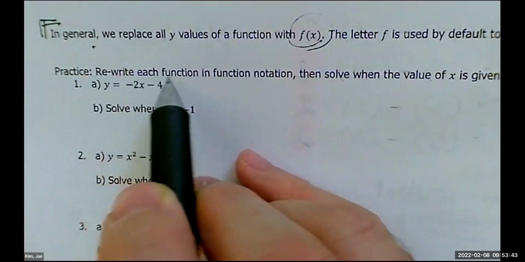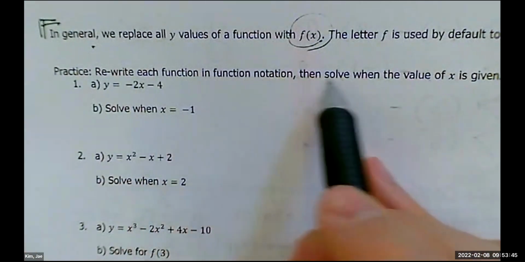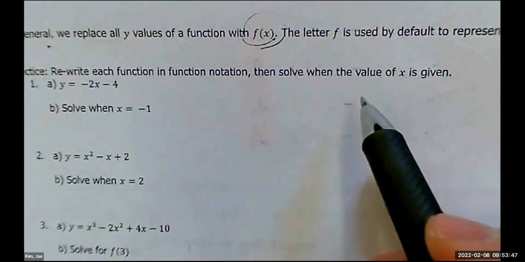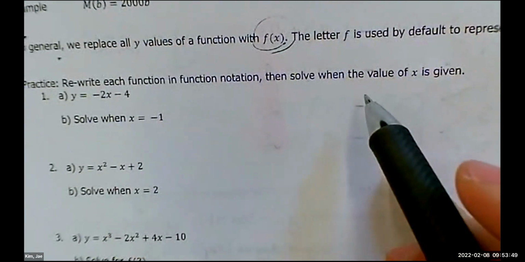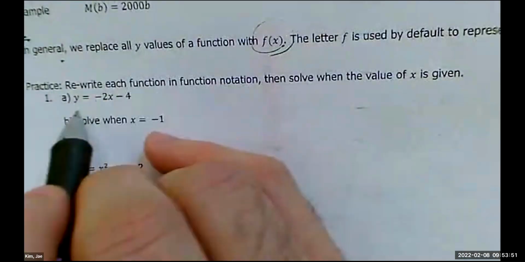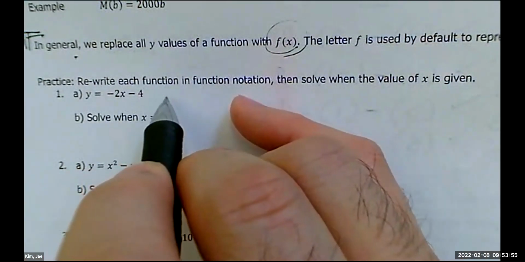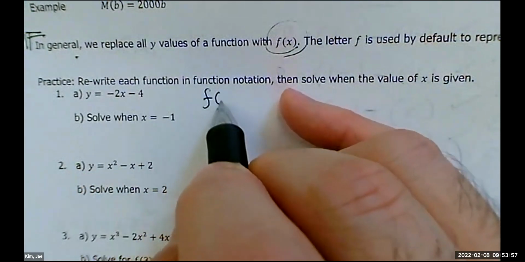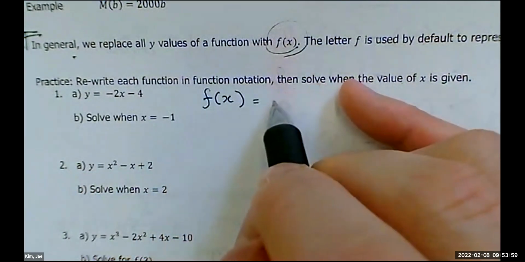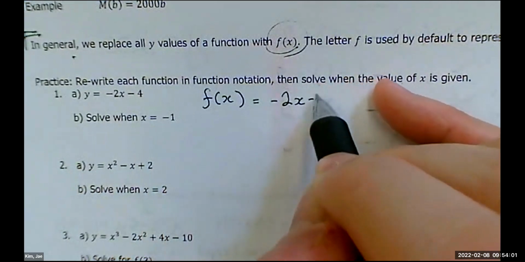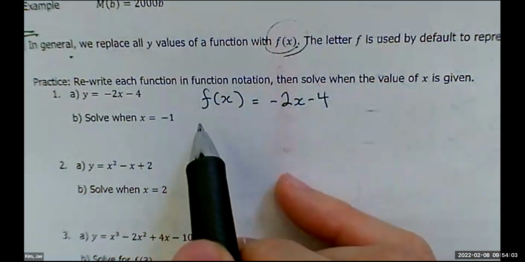Practice. Rewrite the function in function notation and then solve when the value of x is given. Let's do the first one. y equals negative 2x minus 4. This is going to be rewritten as that. Let's get some practice.